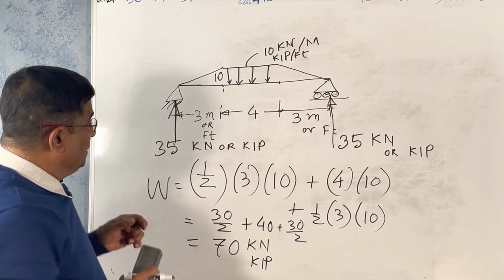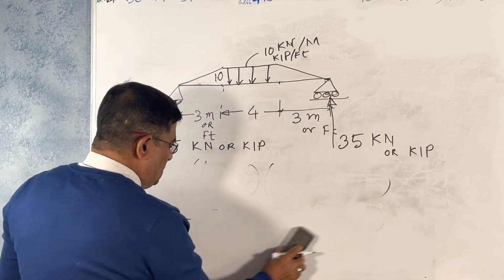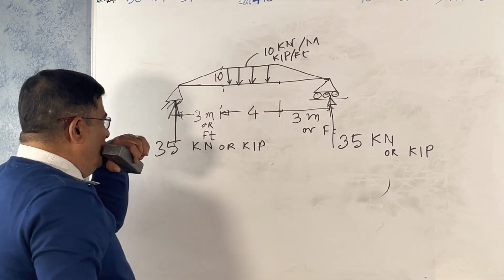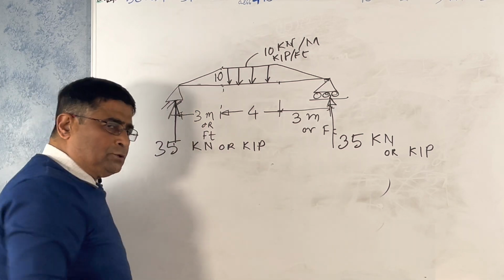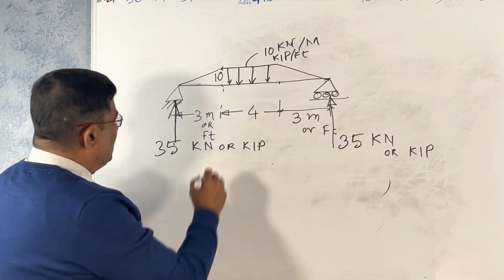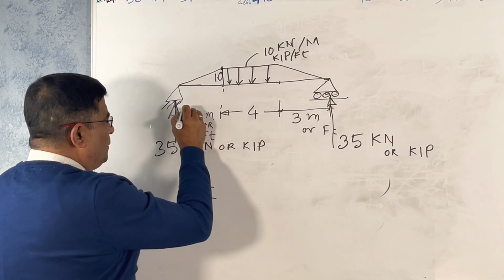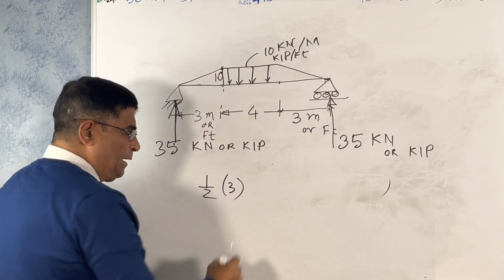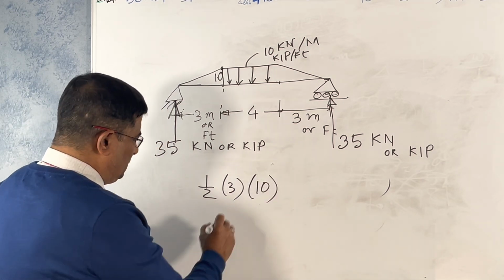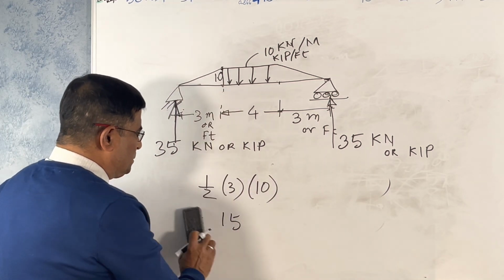Then you find out the shear force. This is the key point. You can find it in between also, but for simplicity we find the shear force there. What is the total load there? This triangle: half, distance is 3, times 10, is 15.